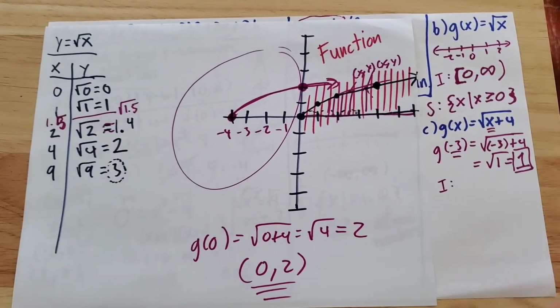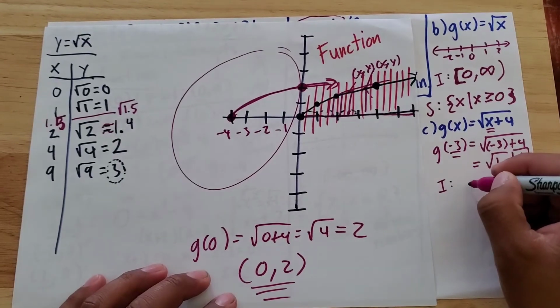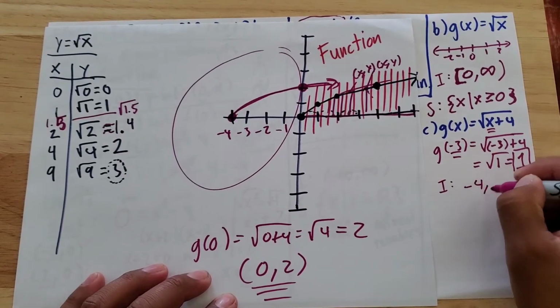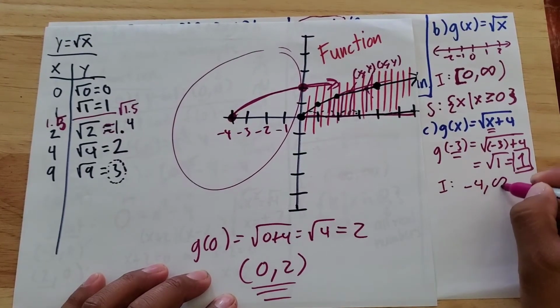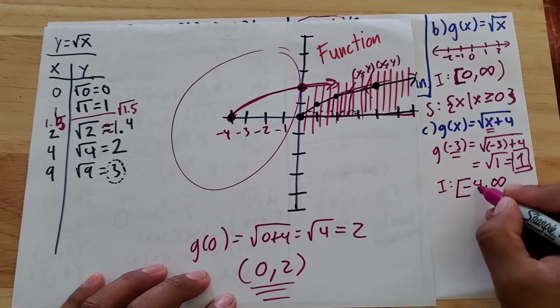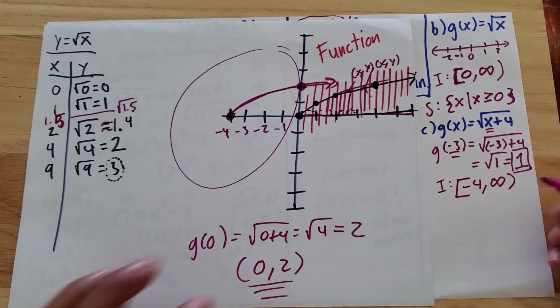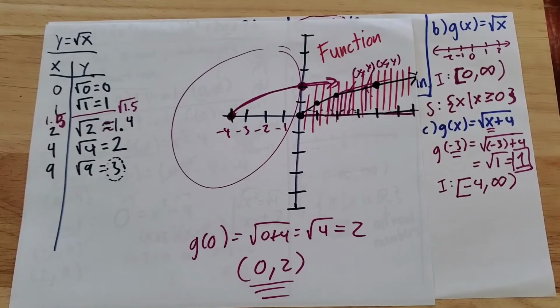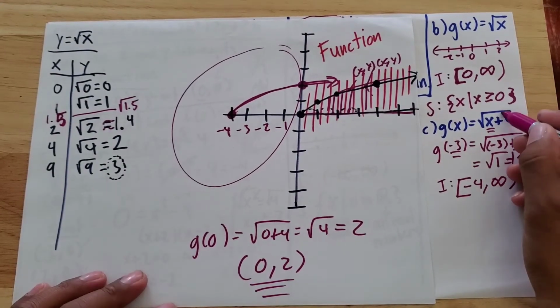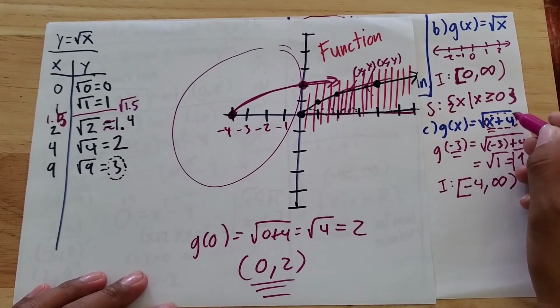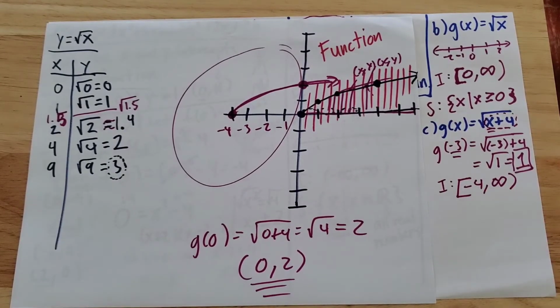So that means this starts at negative 4 and then continues on forever. Remember, negative 4 is included and we never include infinity. Parentheses always around infinity. So it's not that the x cannot be negative. It's that the radicand, everything under here, has to be either equal to 0 or strictly greater than 0.